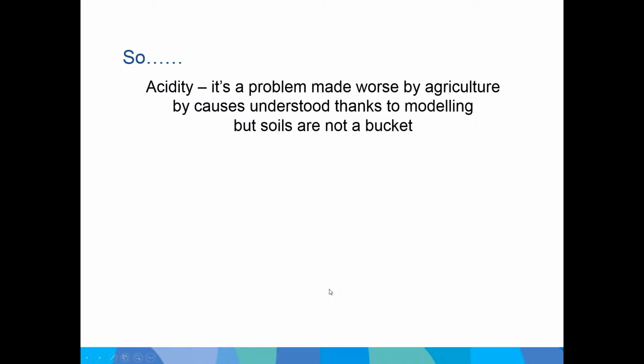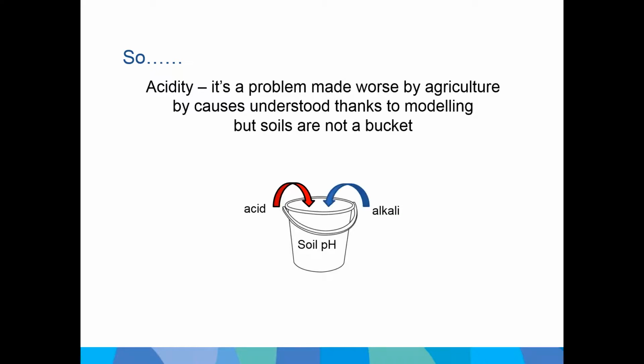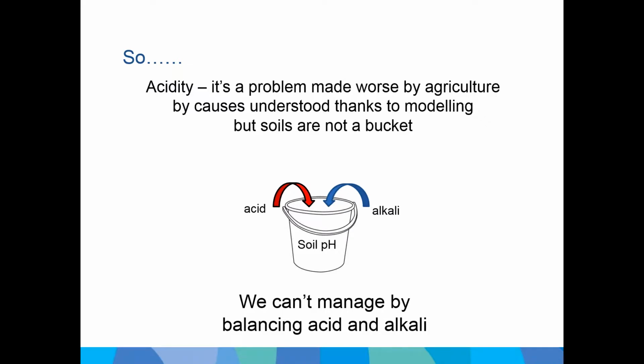But soils aren't a bucket, and so we can't think of soil as this one-dimensional thing where we add acid due to our agricultural practices, we can add alkali, lime, and therefore we can balance pH. It doesn't really work, and that's because we can't manage the soil as if it's a bucket, because it's a profile.